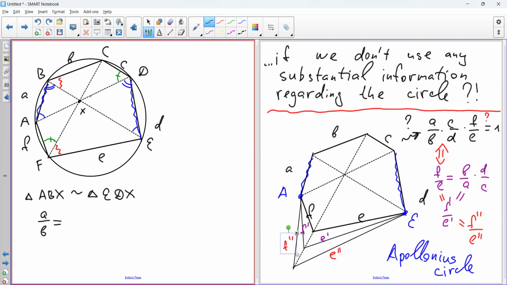Equalities of angles normally come into consideration very naturally, like here, we just noticed already that the angles are equal, but the equalities of the ratios would be some sort of hidden information. It would not be easy to notice that even if we have everything already put on the picture.